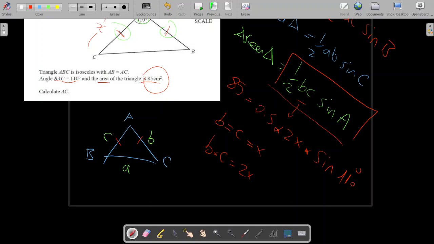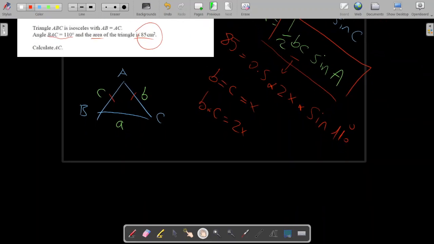Now, I need to calculate sine 110, which, according to what I have in front of me, is going to be equal to 0.94.